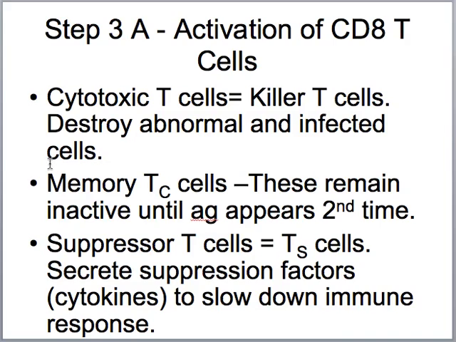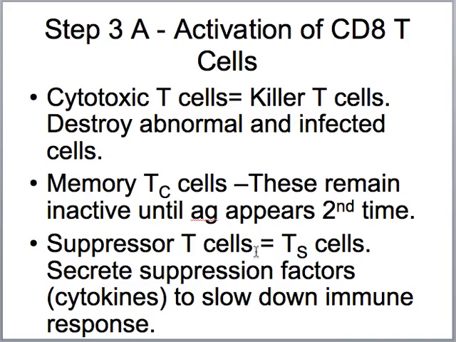He gets killed so that infected cell cannot keep producing viruses or keep cranking out more infection. The memory cytotoxic T cells will remain inactive. These are a few cells that will remain until the same antigen might appear a second time.